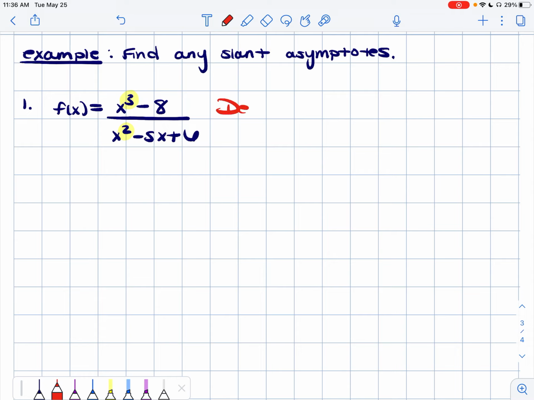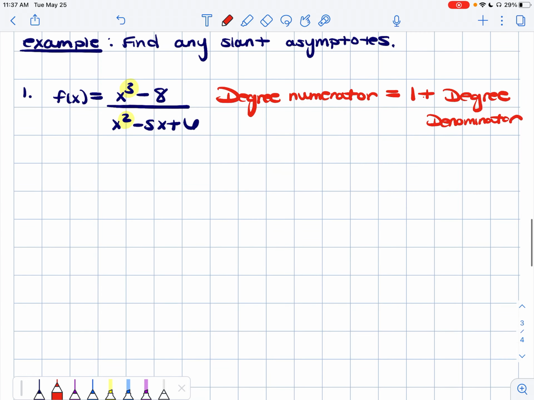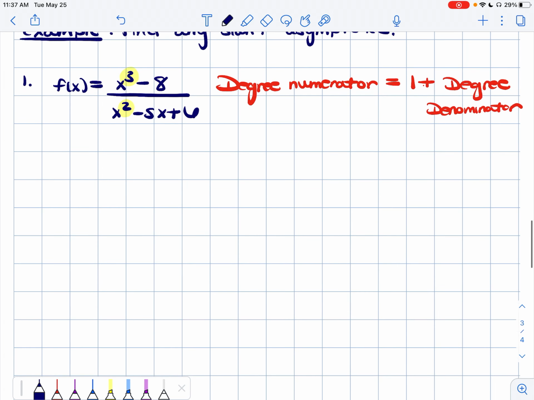Okay, degree in the numerator is exactly 1 higher than the degree of the denominator. That's what we need if we're going to have a slant asymptote. Okay, so now, in order to find the slant asymptote, we're going to divide these two functions.